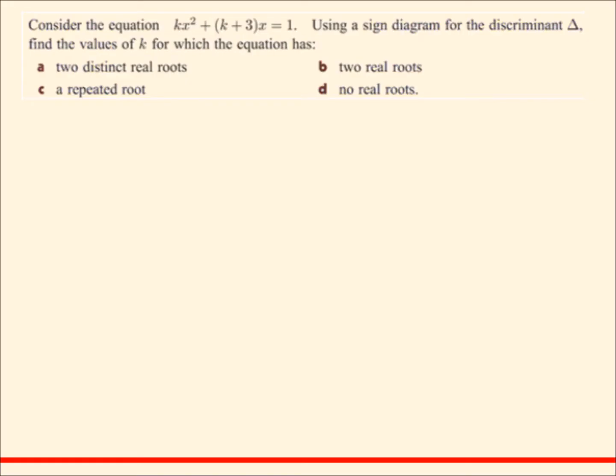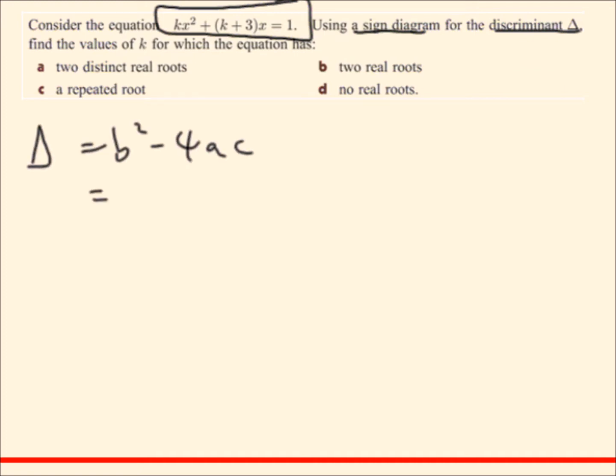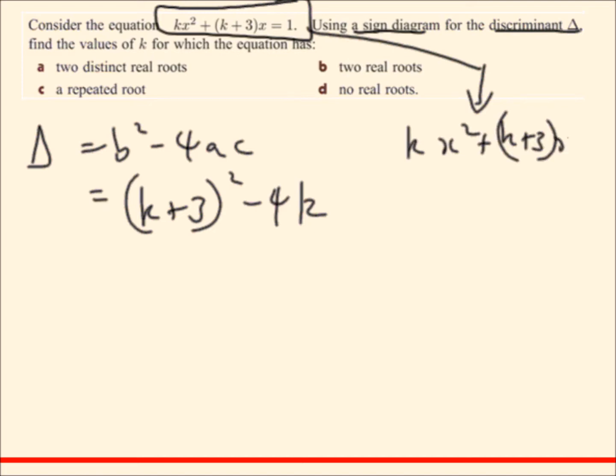In this example here we have an equation. We wish to use the sign diagram and the discriminant to work out the values of k for part A to D. So b squared take 4ac is our discriminant. Replace b by k plus 3, a is k. Now c, well, we need to rearrange that equation first to make one side equal to 0.